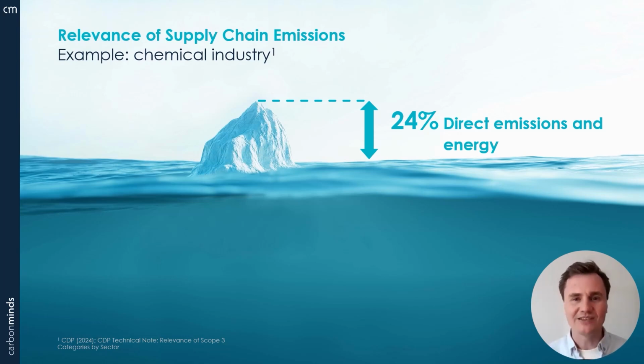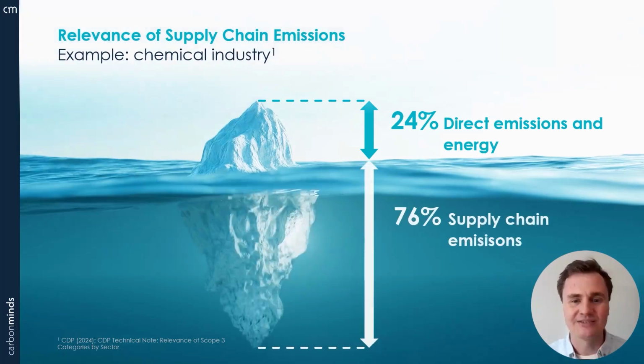But this also means that the by far larger part of the emissions comes from both the up and downstream supply chain. So it comes from the extraction of the raw materials that we're using. It comes from all the production steps that connect the raw materials with the intermediate that we are buying. It's also from the use of the products or the end of life.